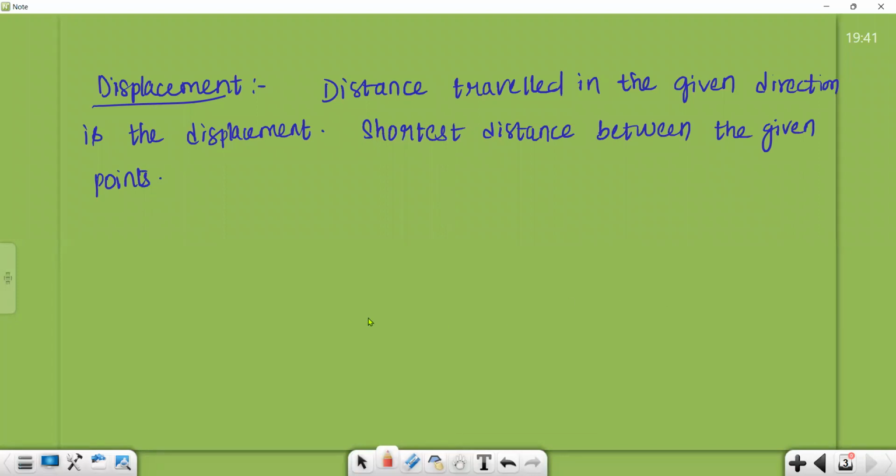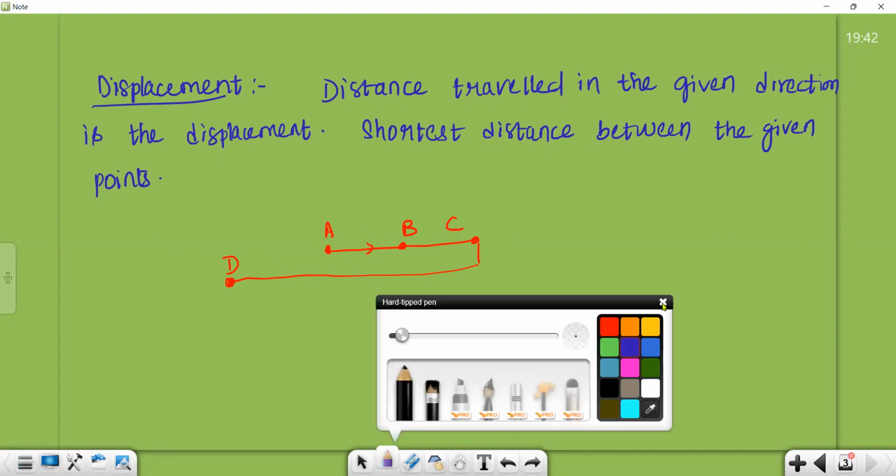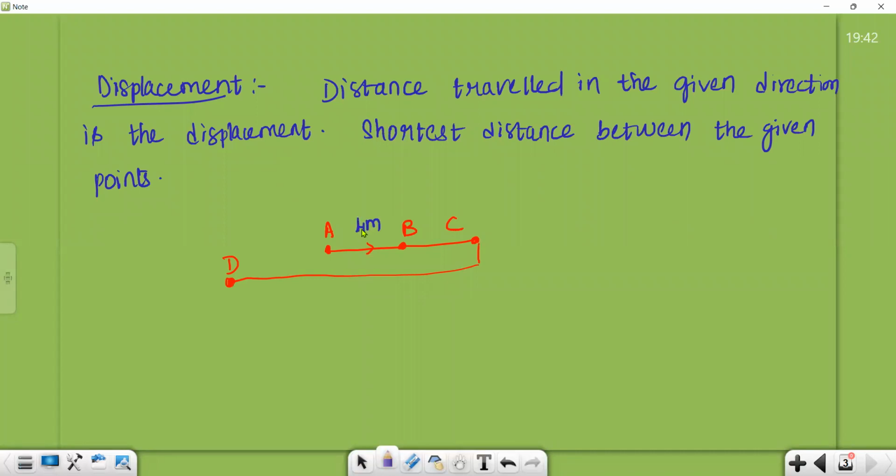So if you see here, a body at A moved to B, then to C, and from there it reached B. If I give you this example, it will be helpful in your numerical solving also.